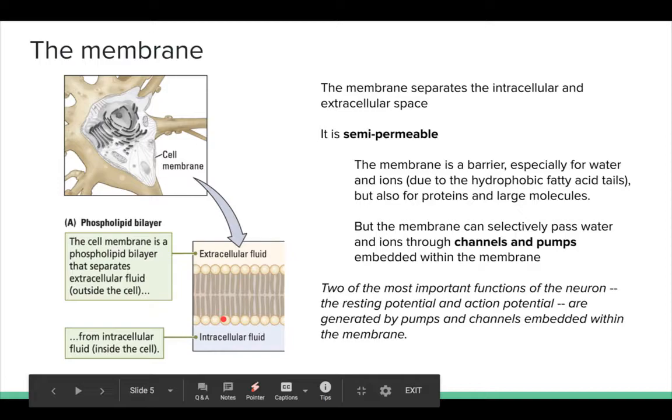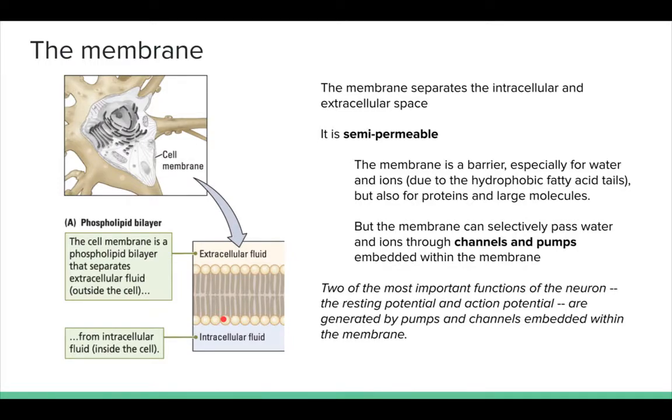But embedded within the bilayer are proteins and all kinds of other things, and for our purposes, they include channels and pumps that will selectively allow certain ions and other molecules through.